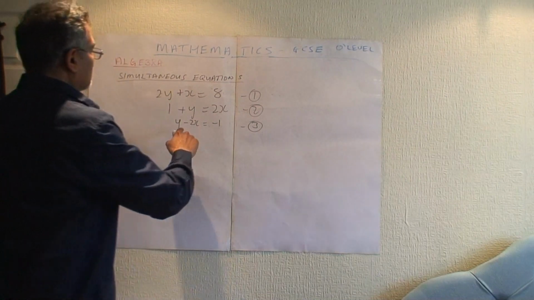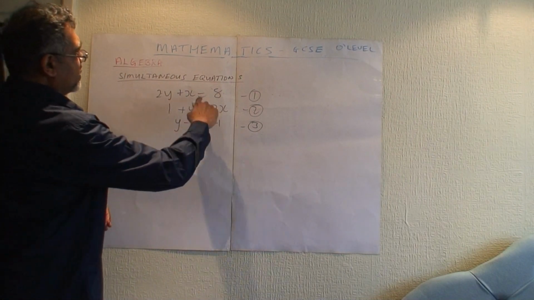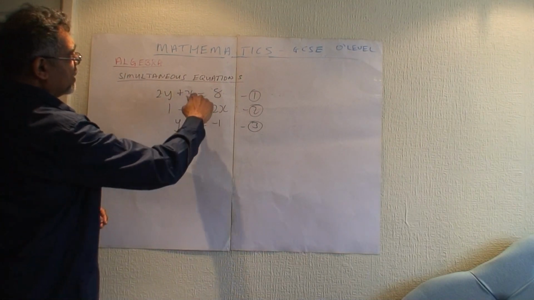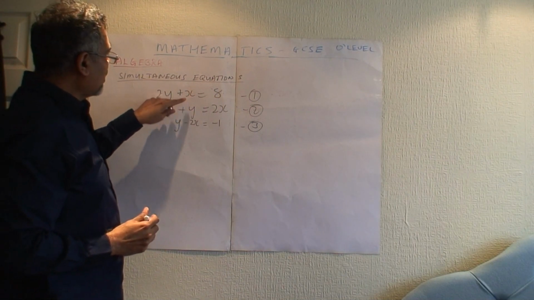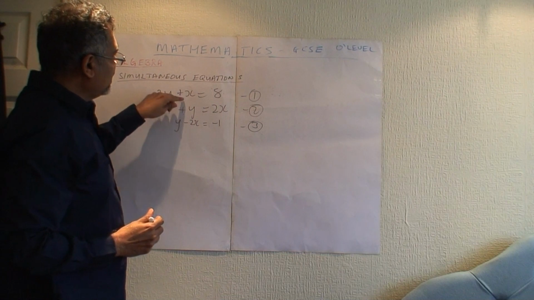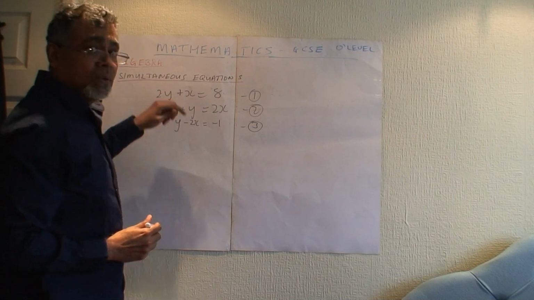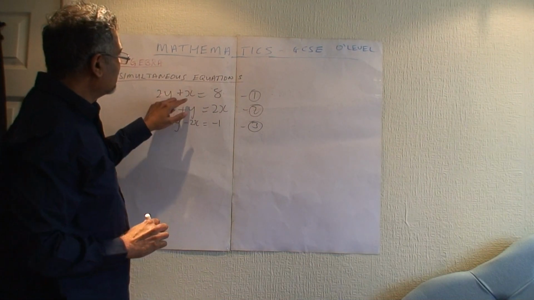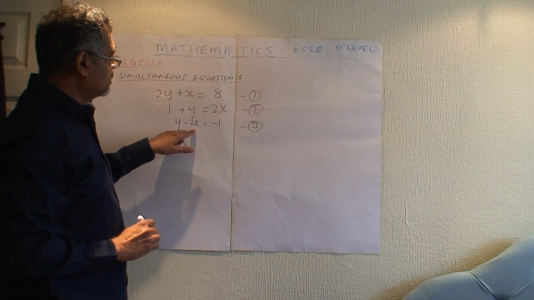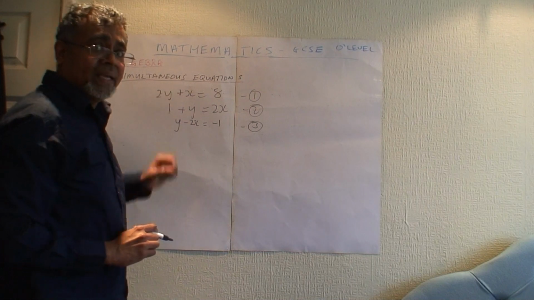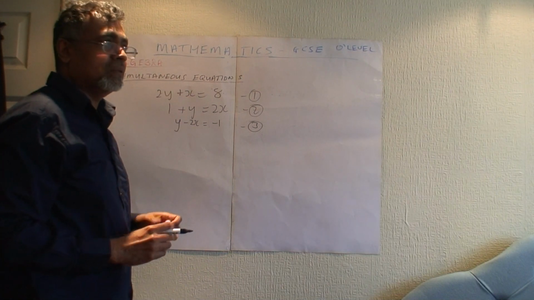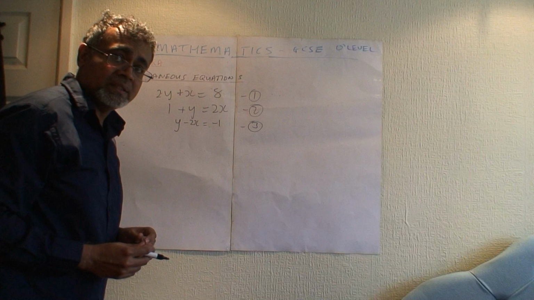So we see that equation 3 looks similar to equation 1. But what can we do to make it even more similar? This is 1x and this is 2x. We want the x terms to be the same because we want to solve the simultaneous equations.